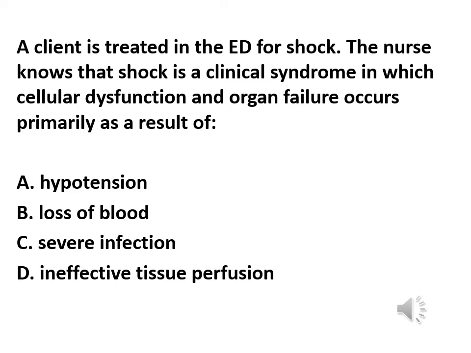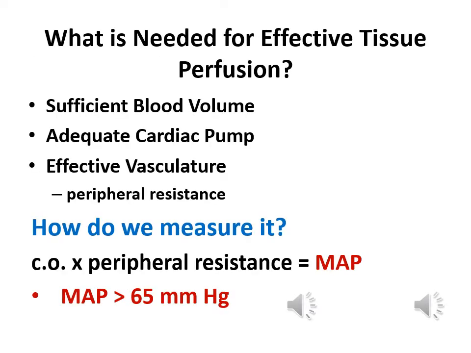Decreased tissue perfusion leads to a cascade of physiologic consequences and, if prolonged, irreversible tissue and organ damage. I like that statement from McKinney because I think it really sums up the cause and the response that the body has to ineffective tissue perfusion in the state of shock.